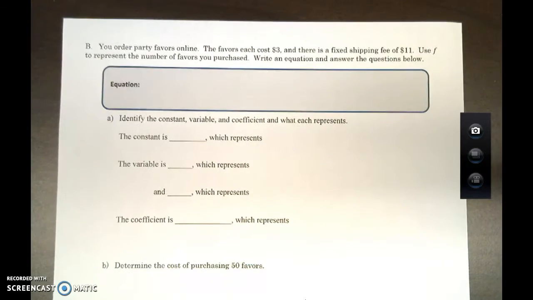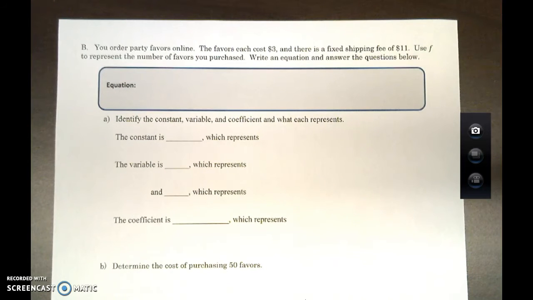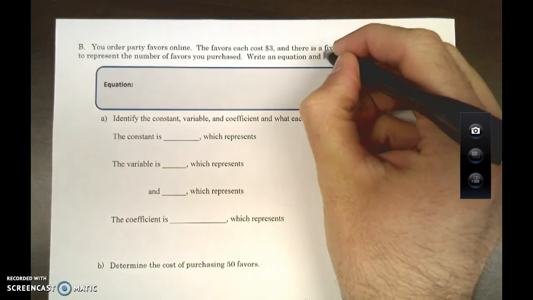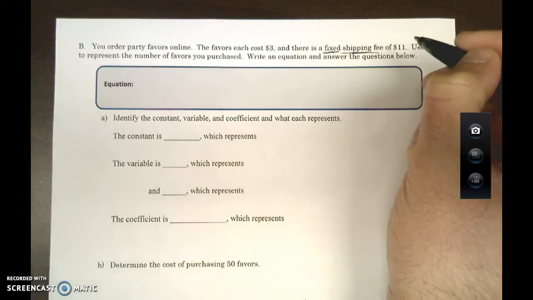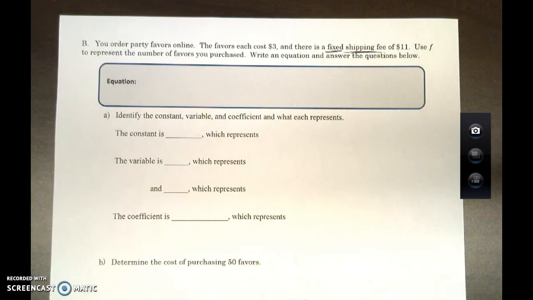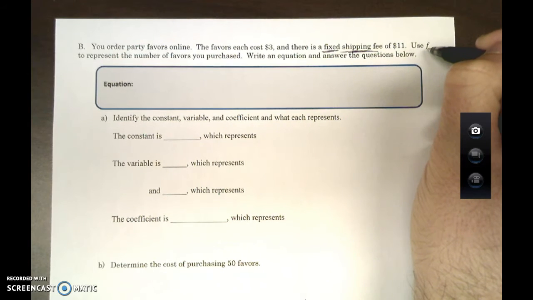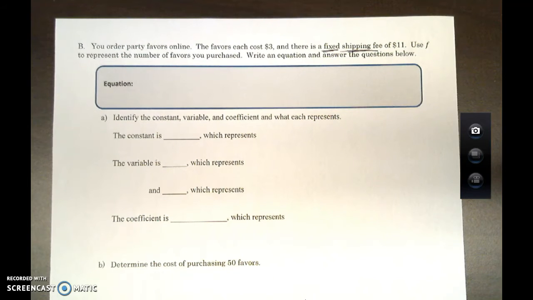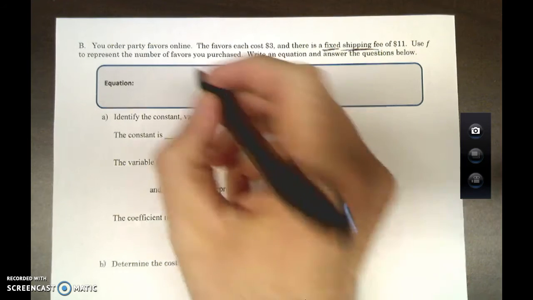All right, the back equation says you order party favors online. The favors each cost $3, and there is a fixed shipping fee of $11. So that fixed shipping fee again is in here, and last time that just meant we added that to the total of our other costs. This time it wants us to use F to represent the number of favors purchased, and then write an equation to answer the questions below. So we're going to deal with cost again.